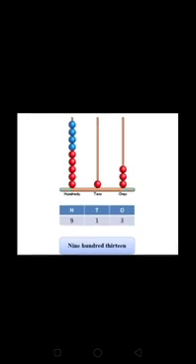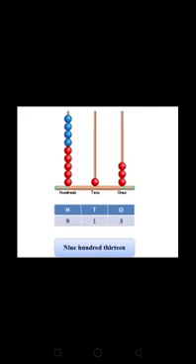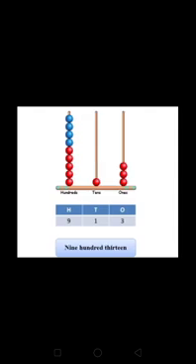Now children, while counting and writing the number from abacus, you can make the column like this, which you can see downside of the abacus. It is written like HTO. What is this HTO? H means hundreds, T means tens, O means ones. If you write in this manner, you can write the number correctly.